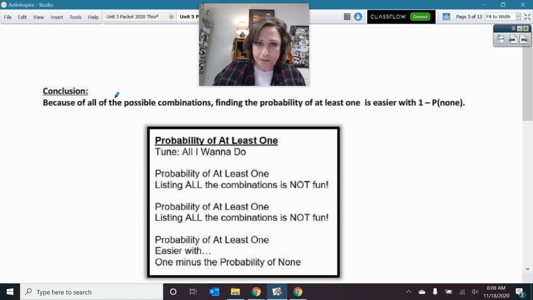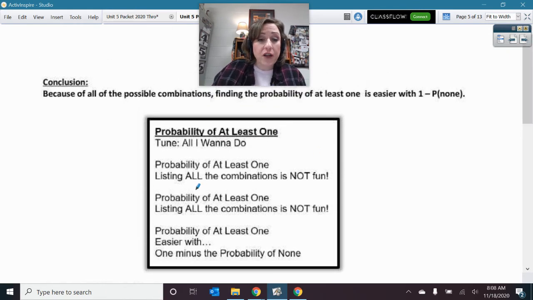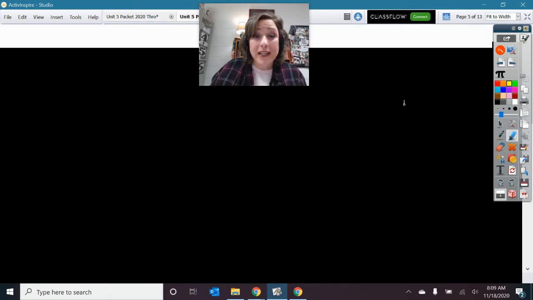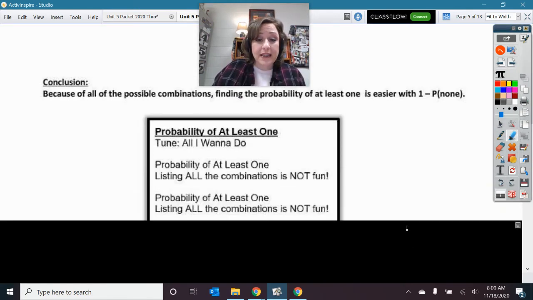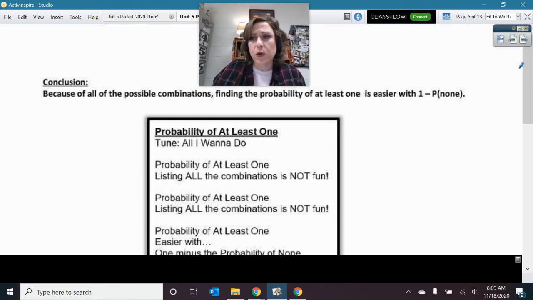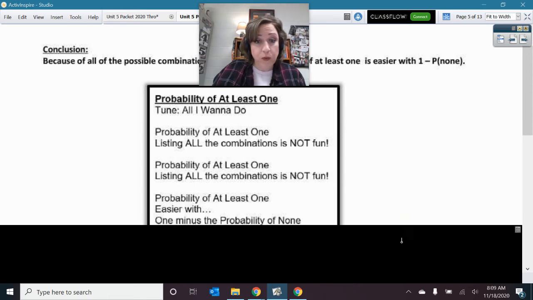So here we go. The probability of at least one. Listing all those combinations is not fun. You know, all those 16 combinations we had to list. Not fun. Because if you had 5 coins, I think that's even more. 32 combinations maybe, or maybe I think it's 64. Crazy. It gets really big really fast.